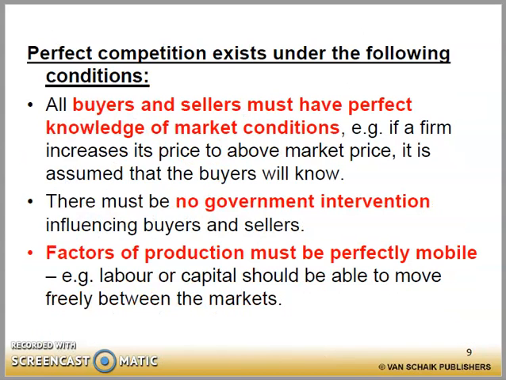The next requirement is that of perfect knowledge. This suggests that all the buyers and sellers must have perfect knowledge of the market conditions. An example of this is that if one firm raises its price above the market price, it is assumed that all buyers will know that the other firms are charging a lower price, and therefore they will not buy anything from the firm that is charging a higher price.